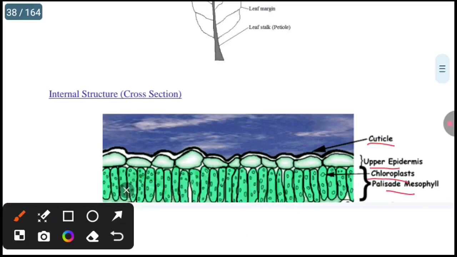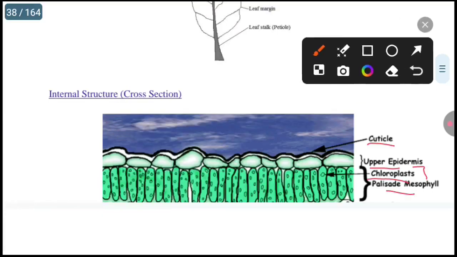The upper epidermis is seemingly like a skin, like a skin of the leaf. The chloroplast, you know what the use of the chloroplast is. You have the palisade mesophyll. Okay.